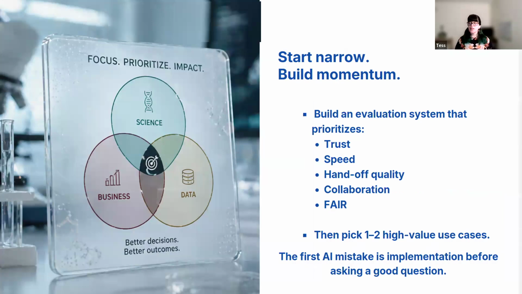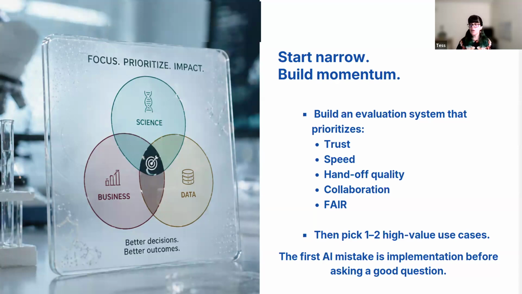And finally, with your use cases, so we understood that we sit in the intersection, we did brainstorming, we have all these different use cases now that are going to impact a variety of different departments in the company, and we need to choose which ones to focus on first. And so you build an evaluation system, and this evaluation system should include things like how trusted is the data?